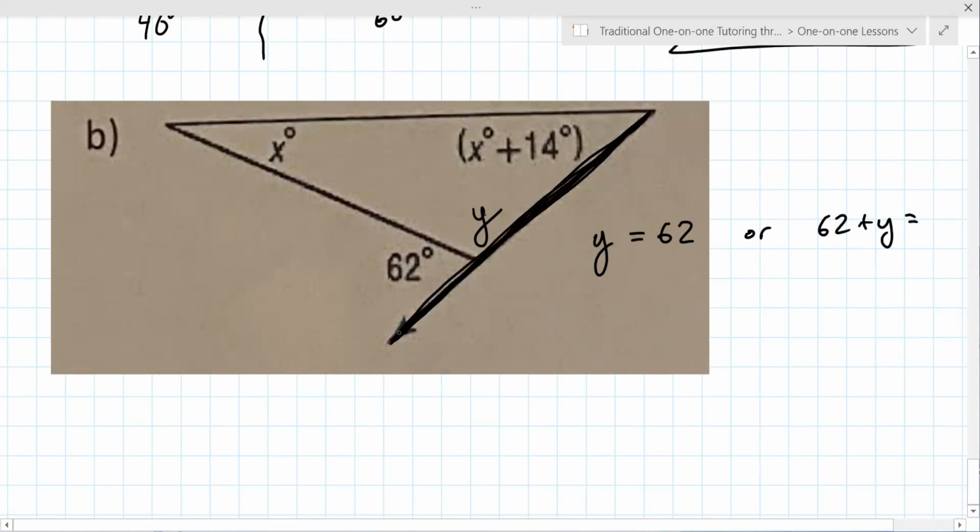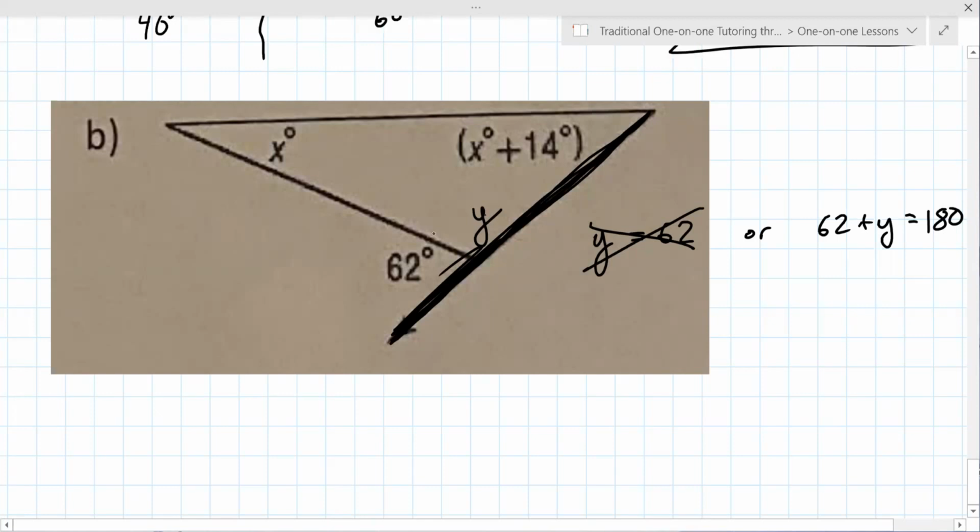Do you see that these are on a straight line? Yeah. When they're on a straight line, they add up to 180. So what is the number that when you add it with 62 you get 180? Because they're on a straight line. And we need Y, since we can't find the triangle without this other angle.